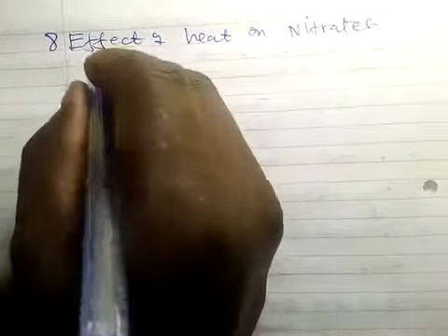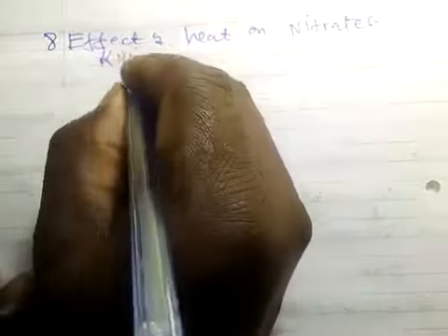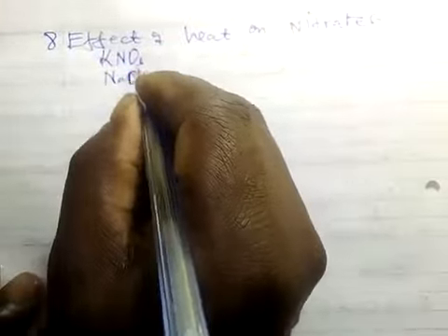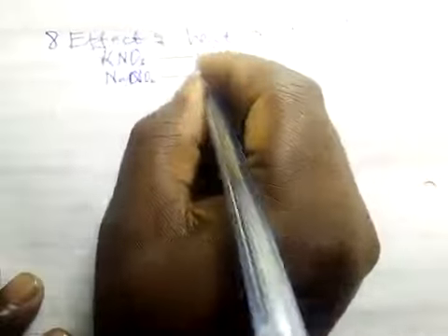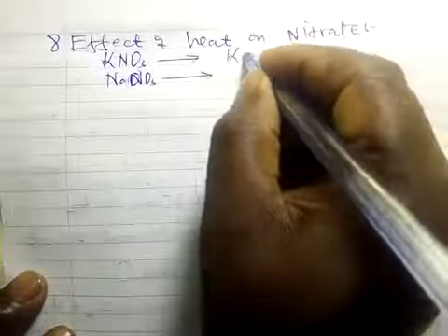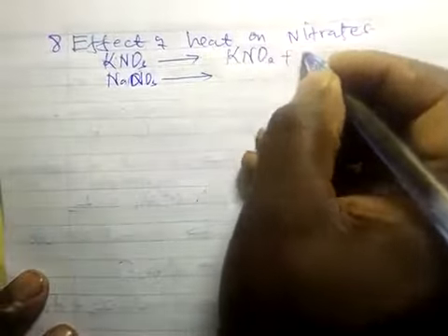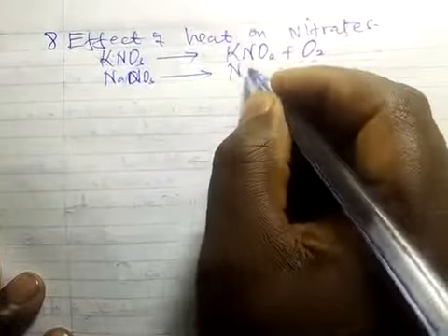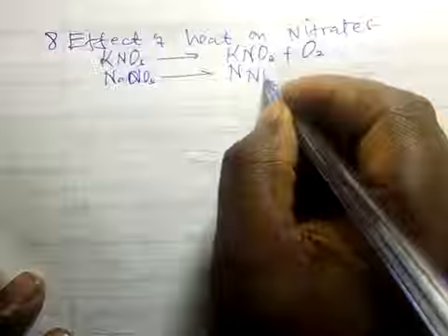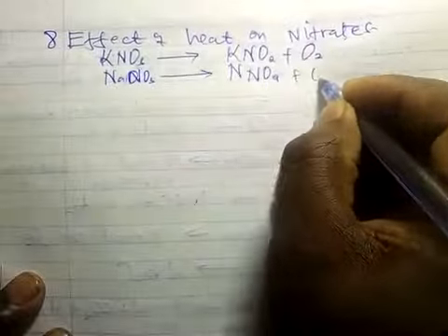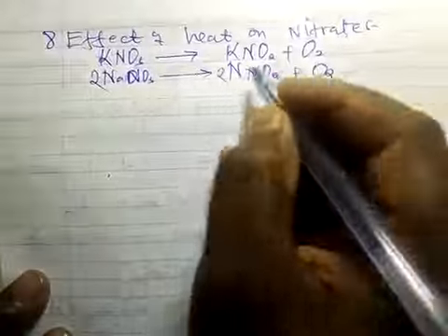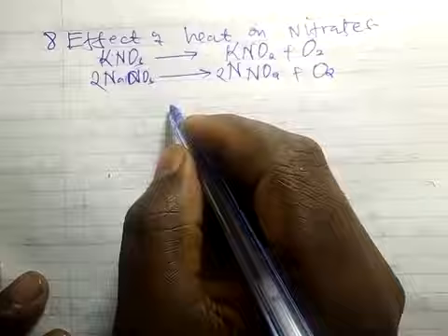Like potassium nitrate and sodium nitrate. When they are heated, they give potassium nitrite plus oxygen. Similarly here, sodium nitrite plus oxygen, right? You can balance the equation like that.